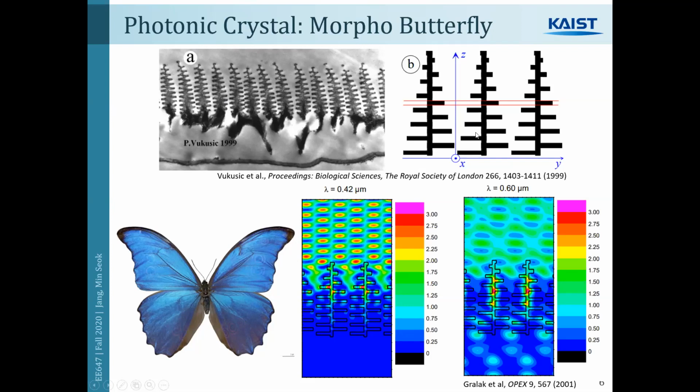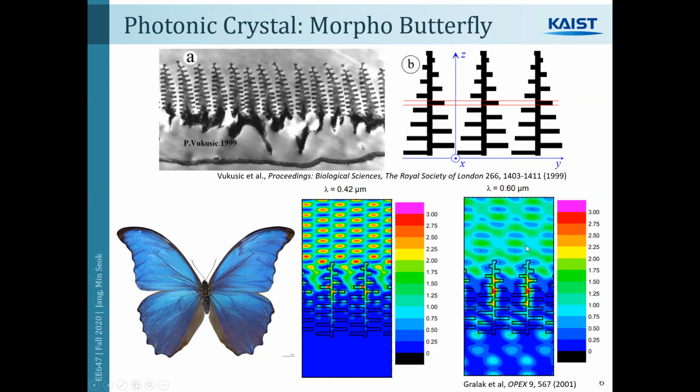And then if you actually run a simulation by shining light from the top onto the surface of a butterfly wing, you see here when lambda is 0.42 micron, which is blue light, most of the light is reflected. Okay, so light cannot penetrate inside the wing of a butterfly.